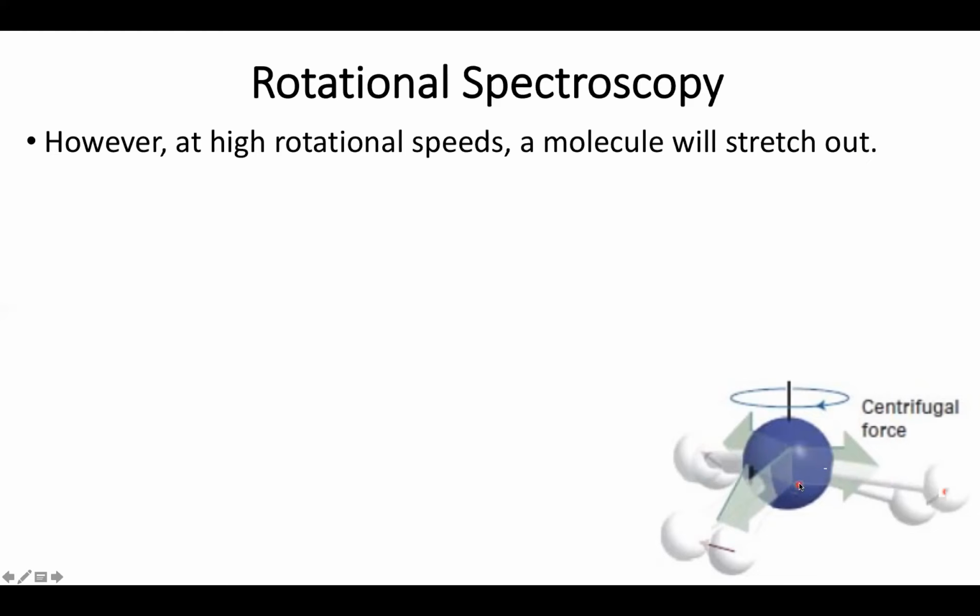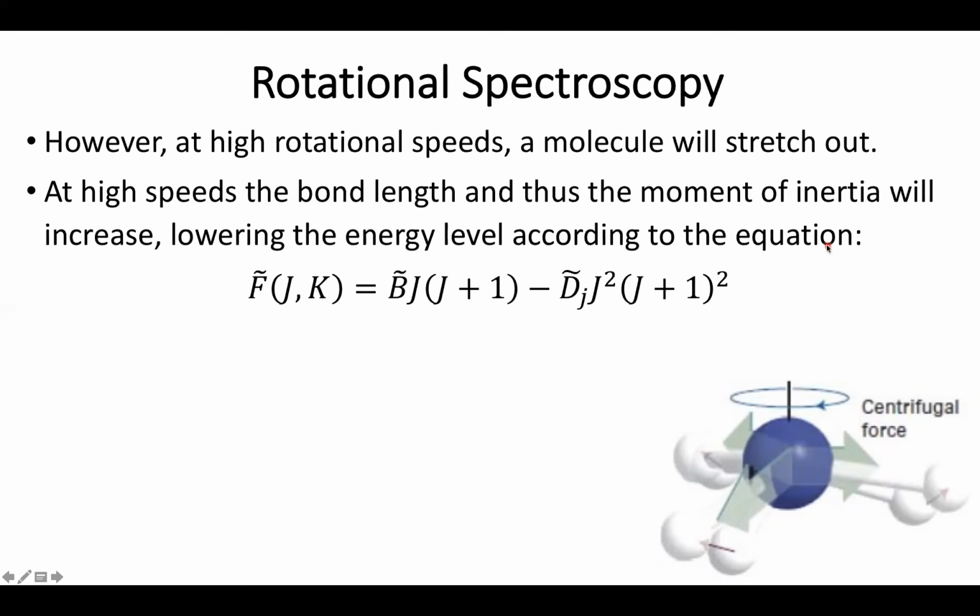Now, it turns out that as these bonds get a little bit longer, my moment of inertia is going to end up increasing a little bit. So speed goes up, bond lengthens, and then we have that wonderful r squared term, so my moment of inertia will also increase. And if my moment of inertia ends up increasing, well, at that point, my energy levels end up becoming a little bit lower than I would normally expect.